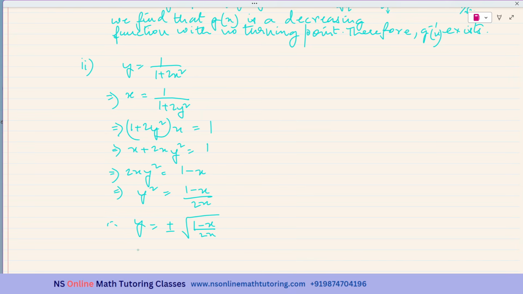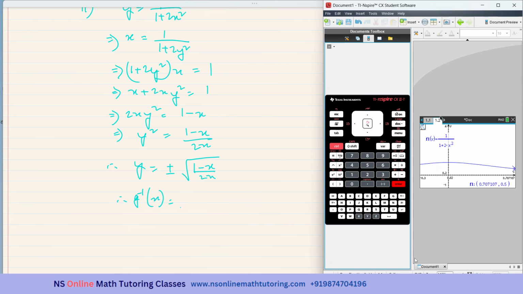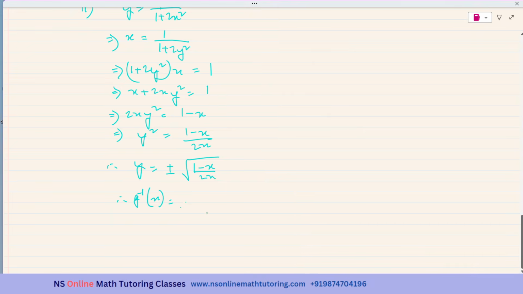But what will be g inverse of x? g inverse of x will not be having both the signs. So, g inverse of x will be what? It is the range. And what will be the range? It will be the domain of the original function. So the domain of the original function is x greater than or equal to 0, but less than 1 over root 2. All are positive numbers. So the range will be all positive numbers starting from 0. So therefore we have to use the positive square root.